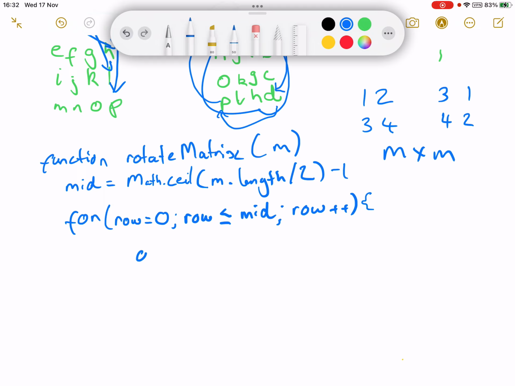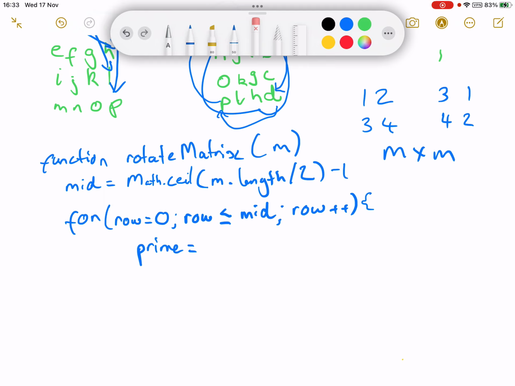So our A, right, is equal to our row. So M row, and let me make a variable called prime. So prime is equal to, is it prime or complement?